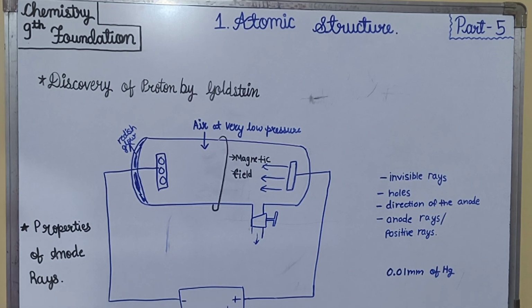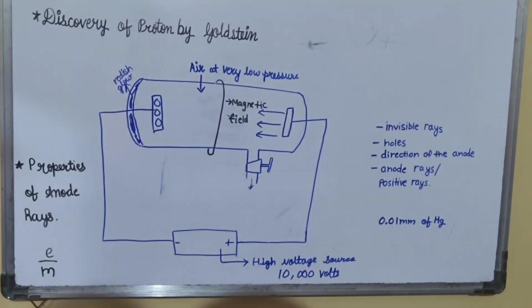I hope you have understood till this. We have learned the discovery of proton by Goldstein, then properties of anode rays. We have learned 5 points of properties of anode rays.